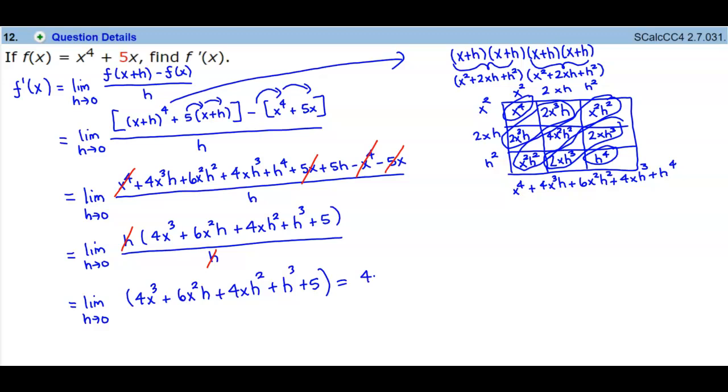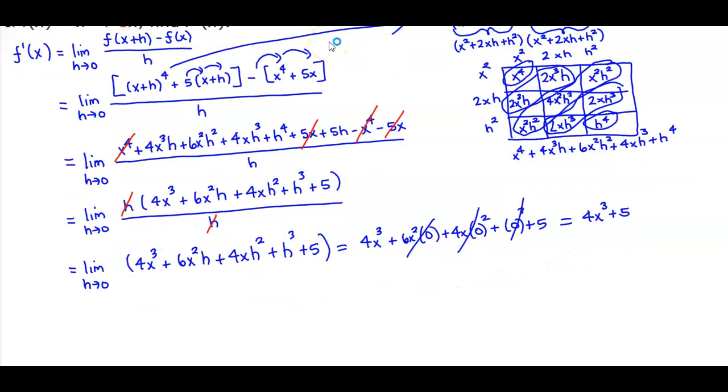So we have 4x cubed plus 6x squared times 0 plus 4x times 0 squared plus 0 cubed plus 5. We can eliminate all the zeros, and so we end up getting 4x cubed plus 5. And therefore, the derivative of that function is equal to 4x cubed plus 5.